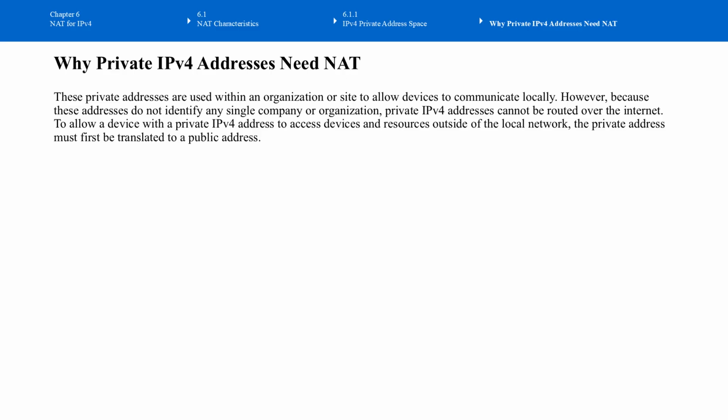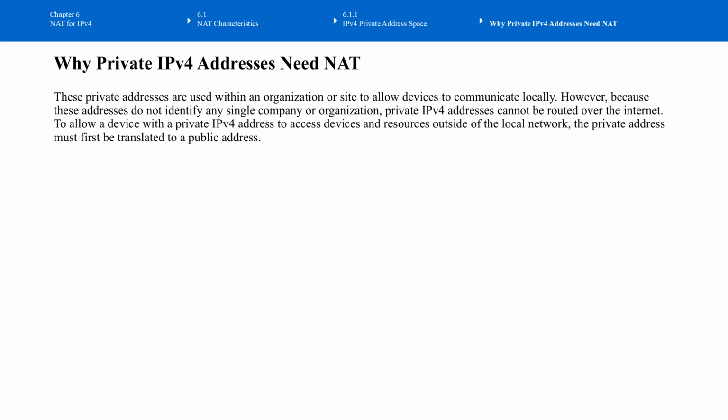Private addresses cannot be routed on the internet. However, private IPv4 addresses have one important limitation. They cannot be routed over the public internet. Why? Because private address ranges are not globally unique. For example, millions of homes around the world use the network 192.168.1.0/24.